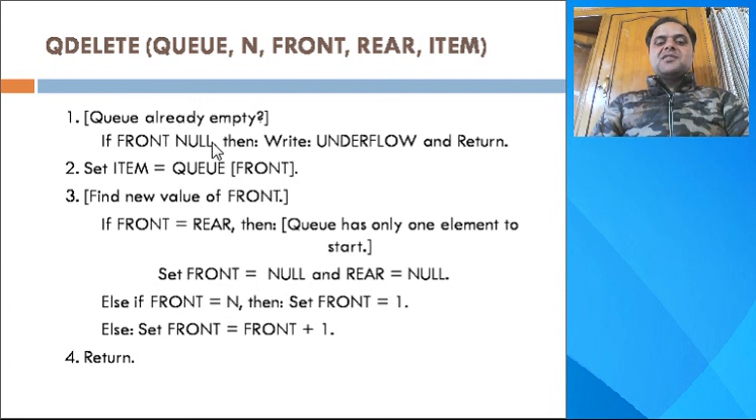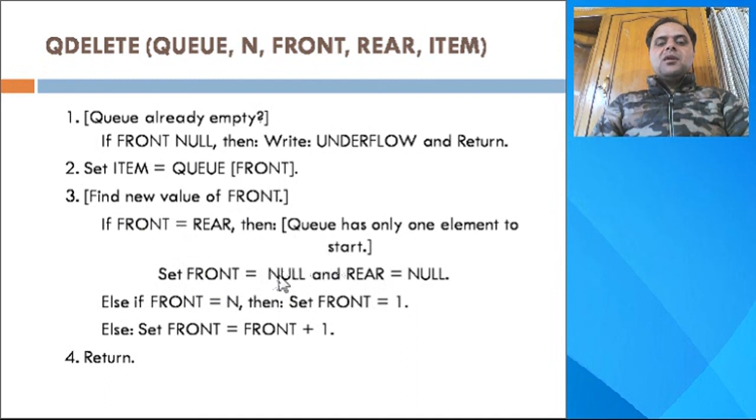So the first condition is underflow. Underflow is when we don't have any element to delete and we try to delete an element. Then, if this condition is not true, we will assign the value at front to item. Then we will check if front equal to rear. This condition occurs when we have only one element in the queue. So when we delete that element, our front becomes null and rear also becomes null.